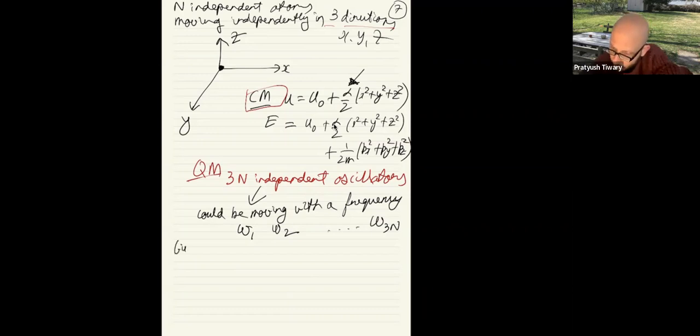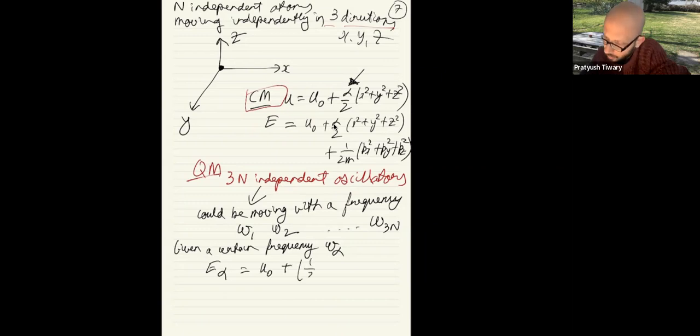Given a certain frequency omega alpha, the energy values that are allowed look like E alpha is equal to U naught plus half plus N alpha multiplied by h cut omega alpha. Where did this equation come from?